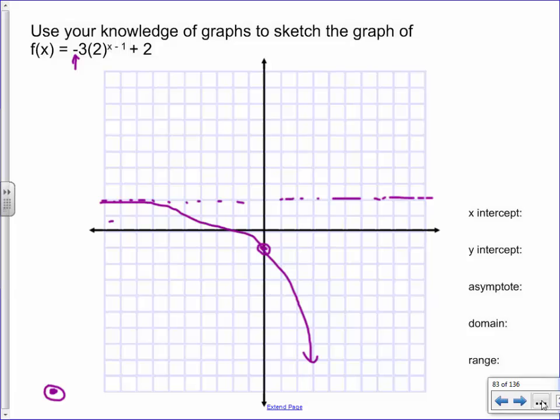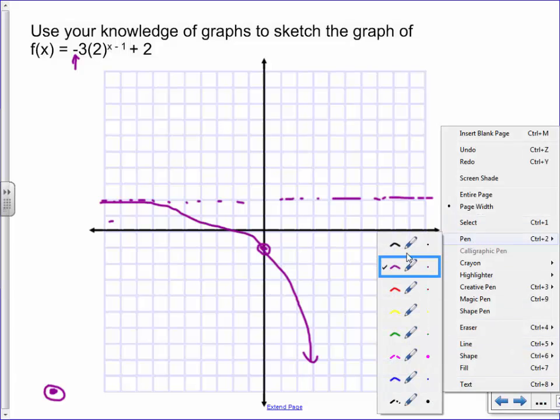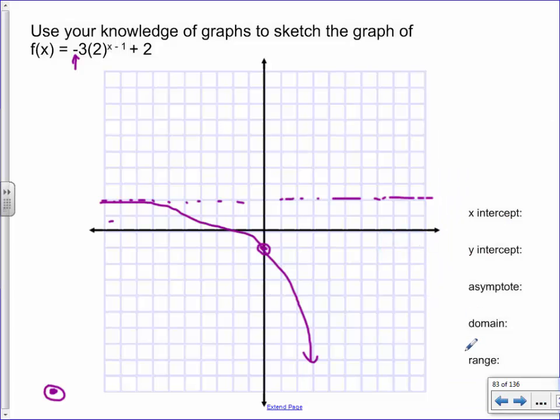So let's talk through properties. Is there an x-intercept? Yeah. You can't always default to x-intercept not existing. Now, at least for right now, we're going to show you how to algebraically solve for the x-intercept in a little bit. But would you guys be able to find this using your graphing calculator?